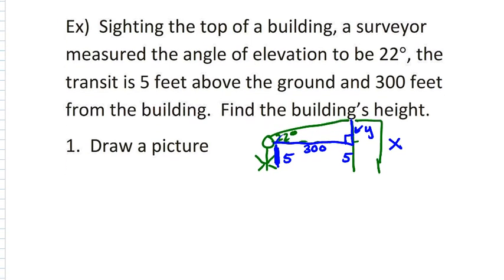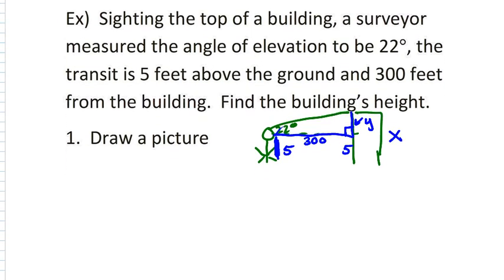Well, I can use a trigonometric ratio because notice I have 22 degrees, y is opposite, the 300 is adjacent. So I'll just take the tangent of 22 degrees is equal to y over 300.